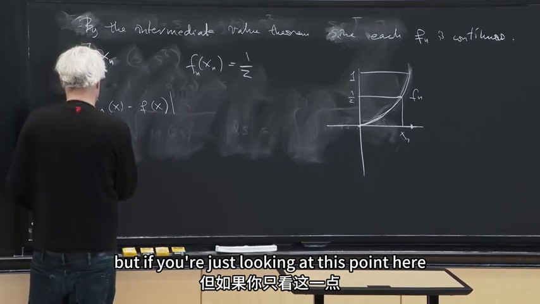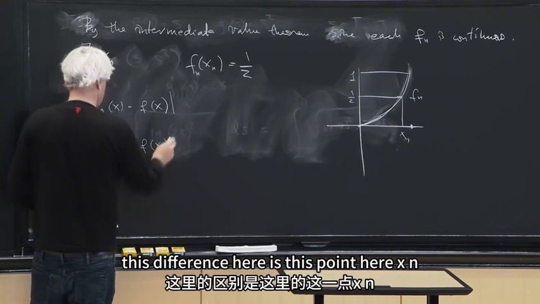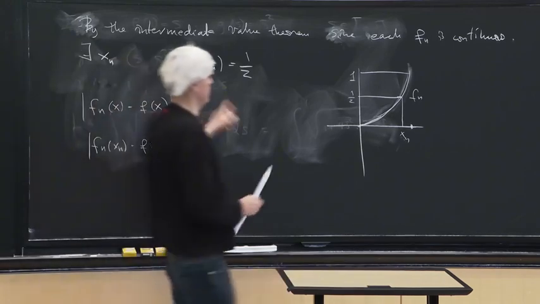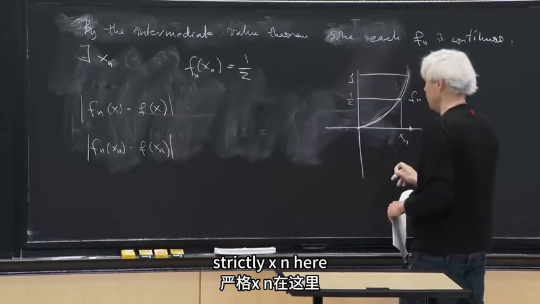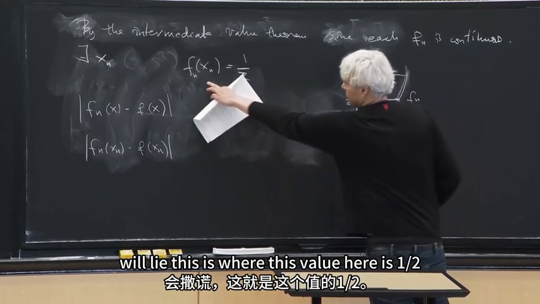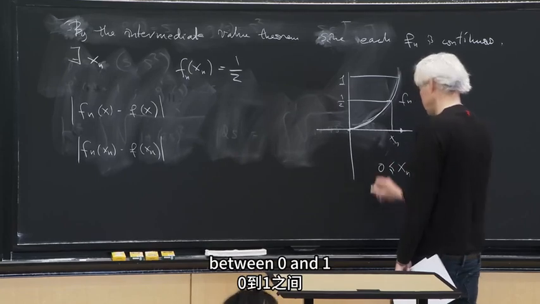But if you're just looking at this point here, xn will lie strictly between 0 and 1, because this value here is a half. It's not 1.